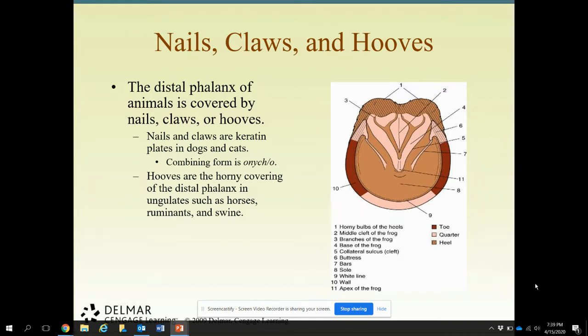And you can see a picture of that ungula of a horse right here, and the parts. So you see the frog here, and when we're cleaning out the horse's hooves, we clean around the frog here. The frog is the sensitive part, and then the heel bulbs back there are also sensitive, but they really can't feel this part of the sole of the horse's foot.